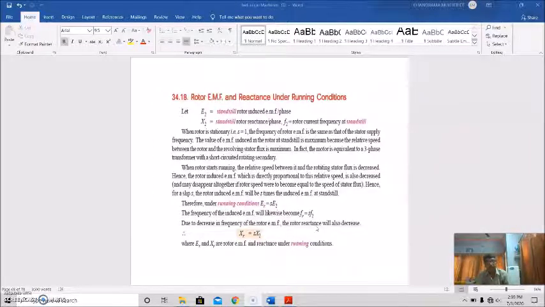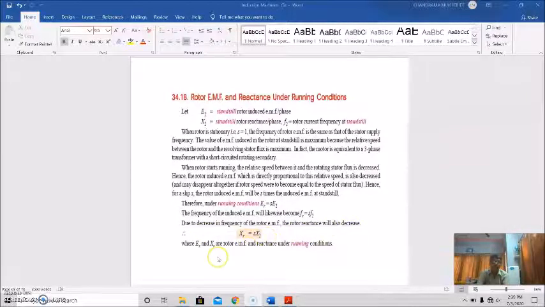Here ER and XR are the rotor EMF and the reactance under running conditions. That is the effect of the change in frequency on the rotor reactance.